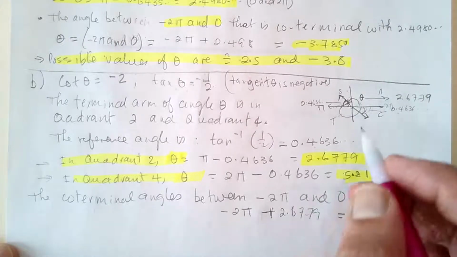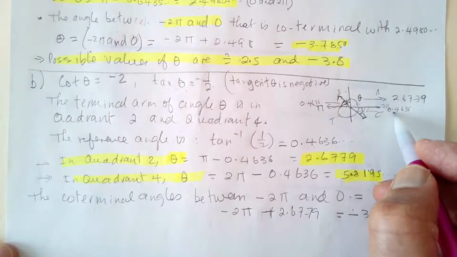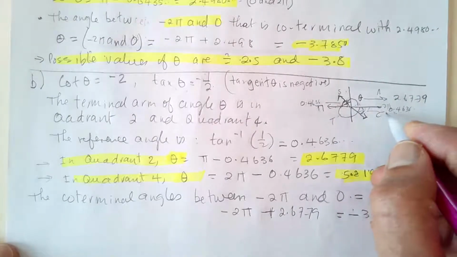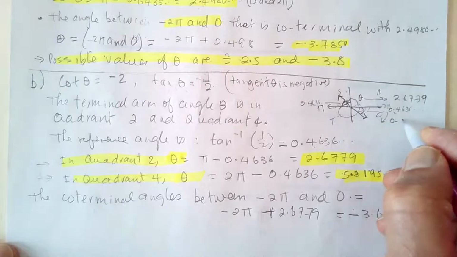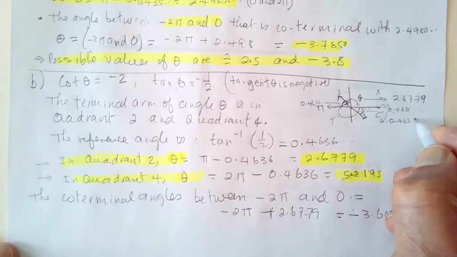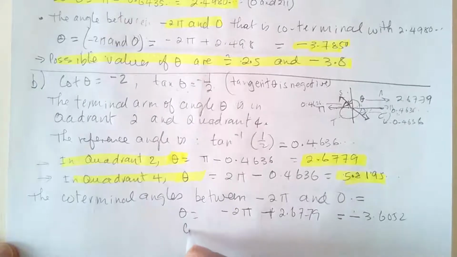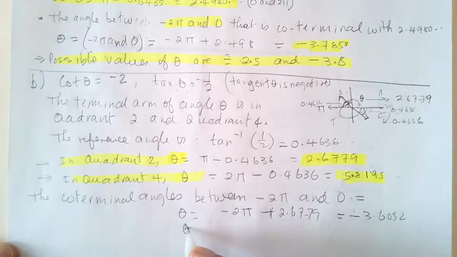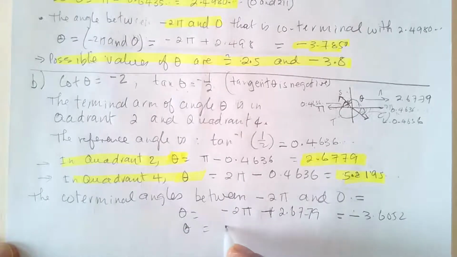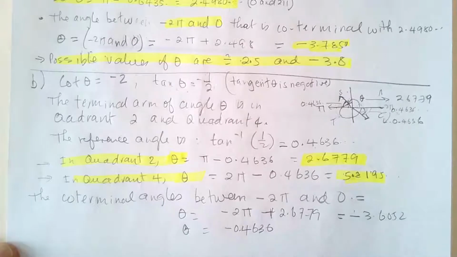And the other angle here, because we go in this direction here, is negative 0.4636. So theta will be negative 0.4636.